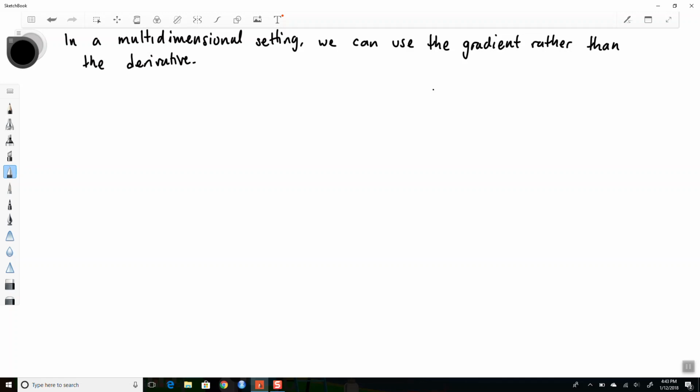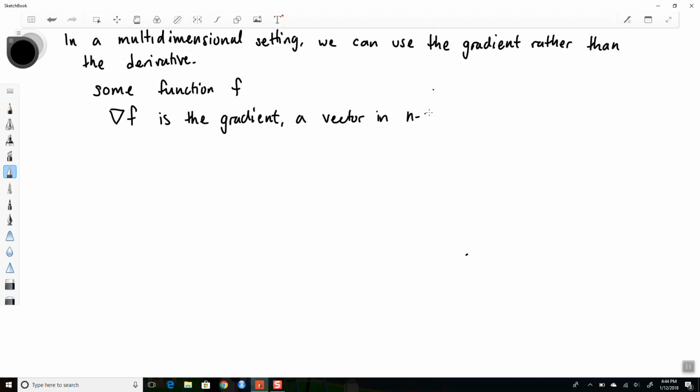Okay, so we'll say we have some function f, and we'll say delta f is the gradient, which is going to be a vector in n-dimensional space.